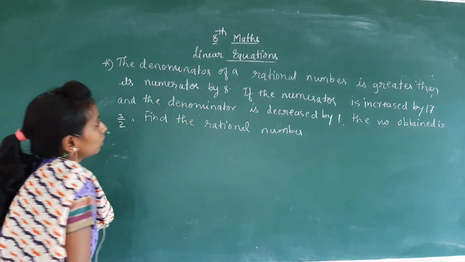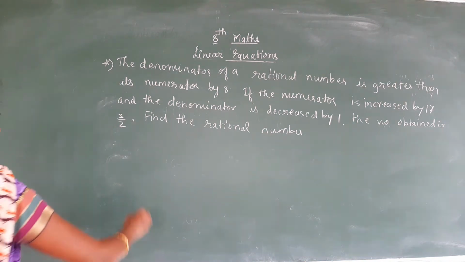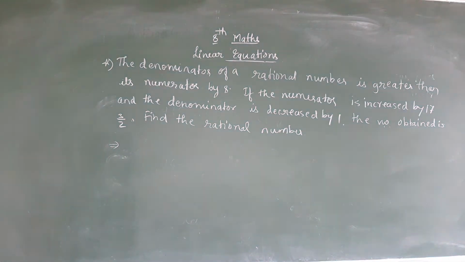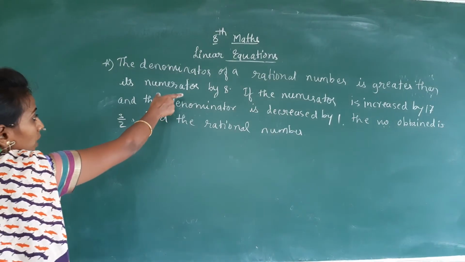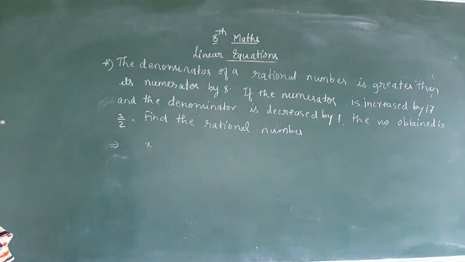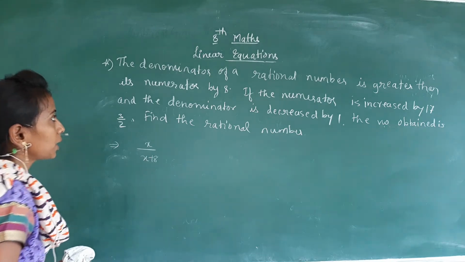So, the denominator of a rational number is greater than its numerator by 8. Whatever rational number we are going to find, it has a numerator and denominator, and the denominator is greater than its numerator by 8, which means x plus 8.